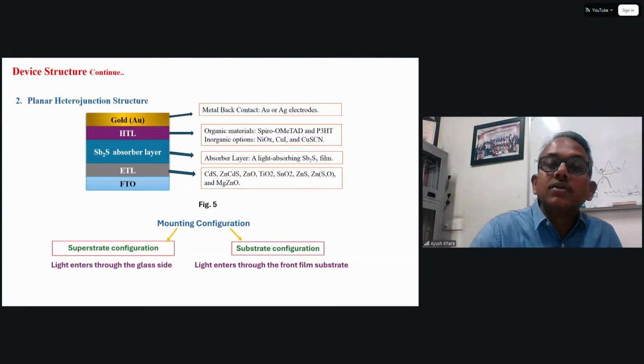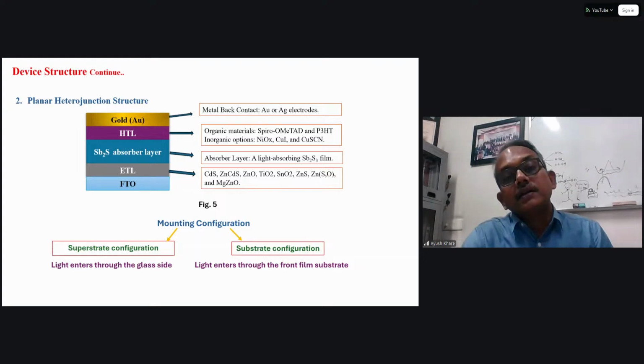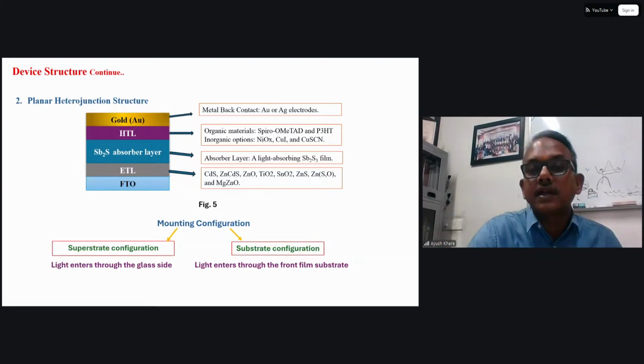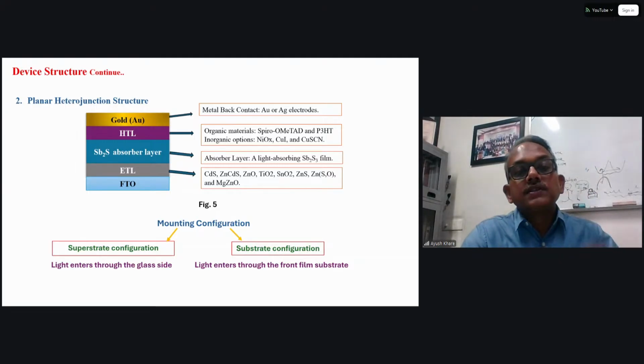Absorber layers that we can go for are Sb2S3, Sb2Se3, and CdS, as I told you earlier, and ETA. The second important component is the electron transport layers, which are generally cadmium sulfide, zinc aluminium sulfide, zinc oxide, titanium oxide, stannic oxide, and many others. So this is the basic structure.